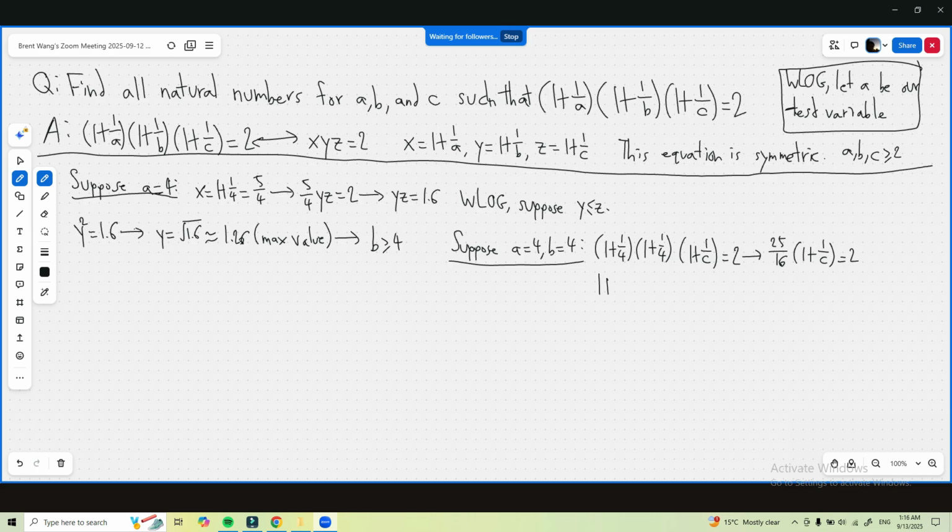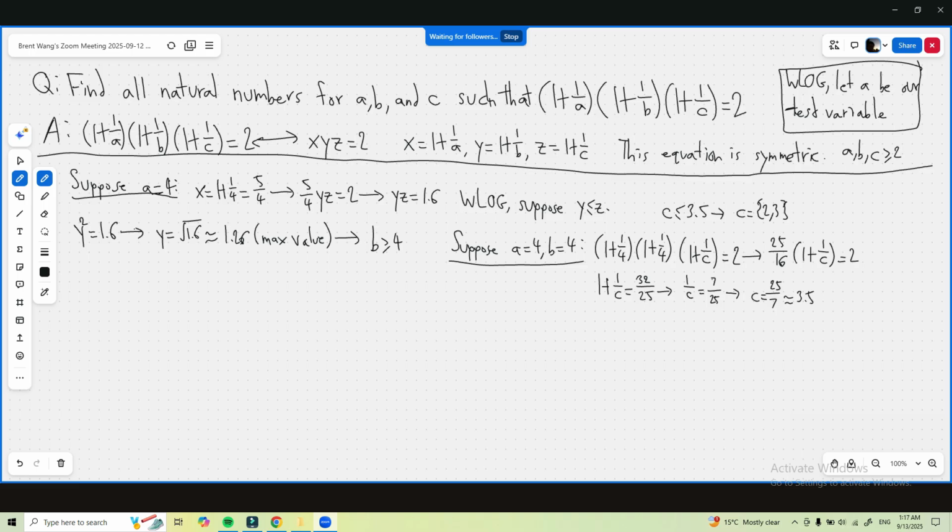So 1 plus 1 over C is equal to 32 over 25. And 1 over C equals 7 over 25. And C would equal 25 over 7, which is roughly, slightly higher than 3.5. So that means C is at most 3.5. So the possible values of C are 2 and 3.